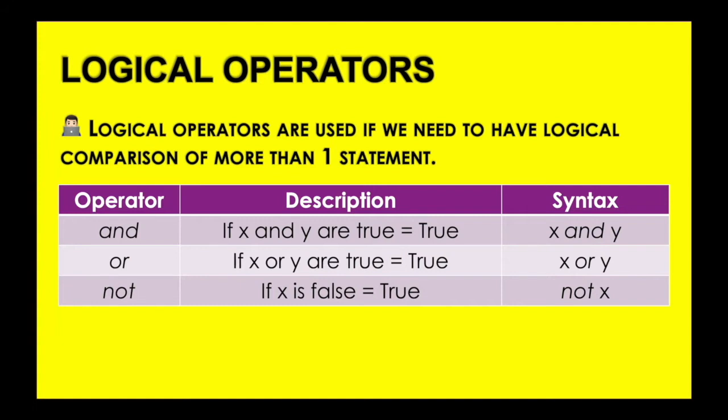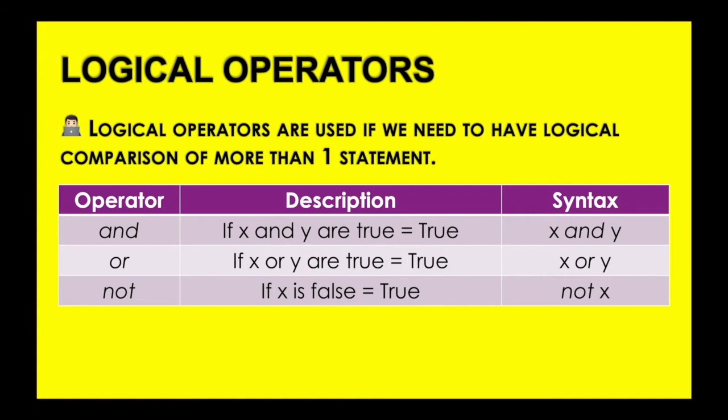That's why the output is also true. For the syntax on how it is coded in Python programming, this is the syntax: X and Y. So basically, that's how the AND logical operator works. Anyway, we will be having a more in-depth discussion of the AND, OR, and NOT operators on our next slides.